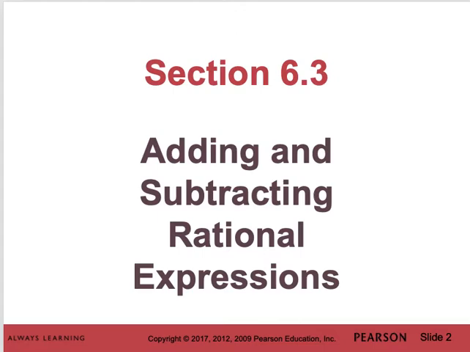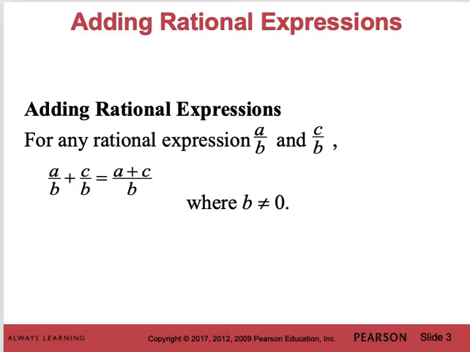Section 6.3 on how to add and subtract rational expressions. When we want to add or subtract a rational expression, if the denominators are the same, then all we need to do is add across the numerators because the denominator is the same, just like when we add or subtract any fraction.